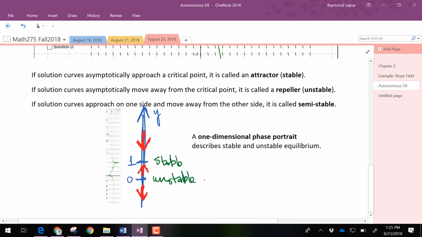Attractor or repeller might make a little bit more sense when you see these arrows going towards it or going away from it. But you can say stable and unstable, because if it's neither stable nor unstable, then it's semi-stable, and that's how you would want to label that. Okay? Pretty cool, huh?